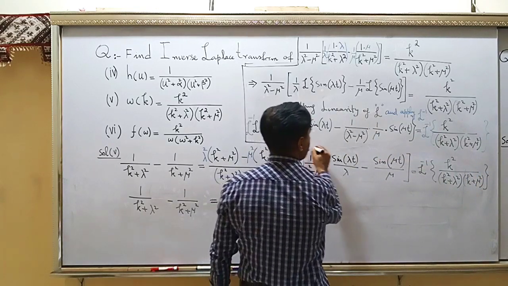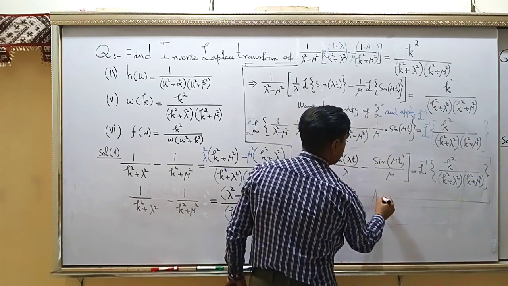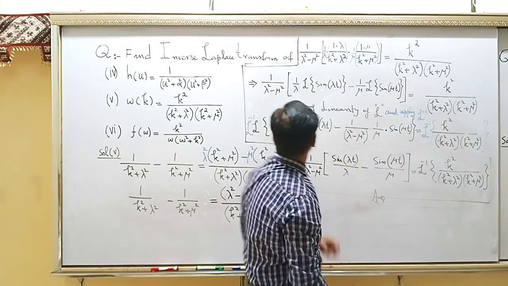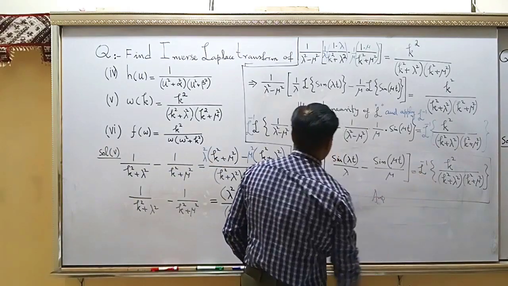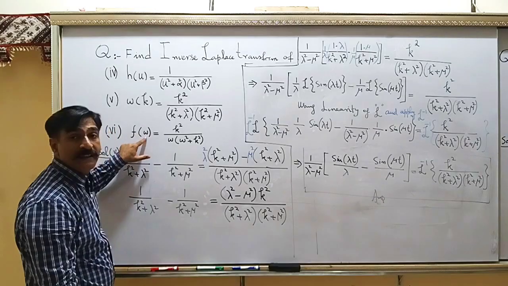Done. This is the inverse Laplace transform of the given Laplace transform, right? So this question has been done, and you have been left with the last question, this one.